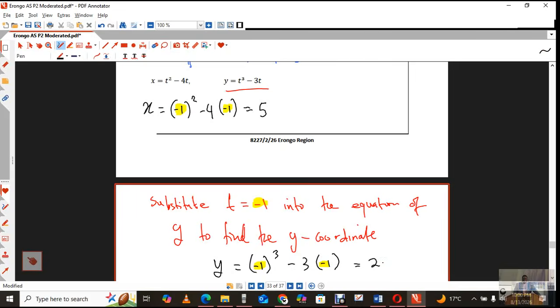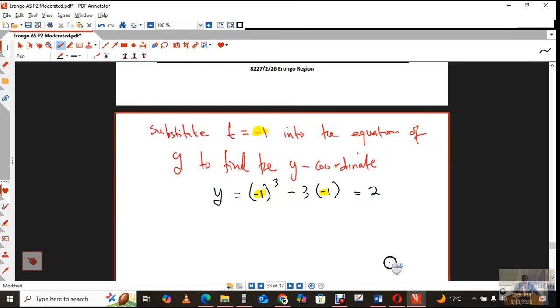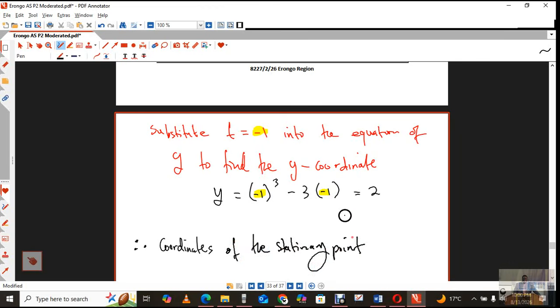So my point is (5, 2). Okay? So, therefore, I'll say the coordinates of the stationary point are (5, 2).